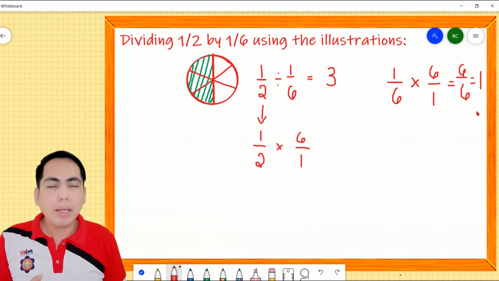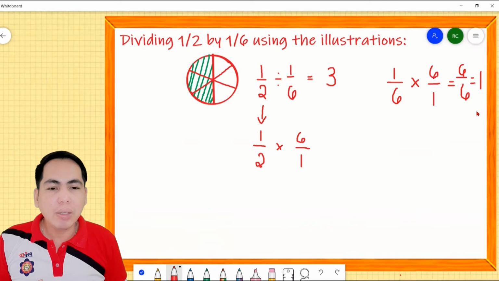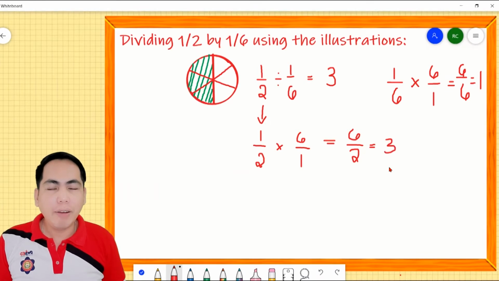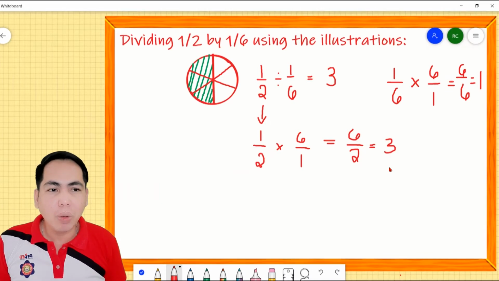Then we just follow the rules in multiplying fractions. We multiply the numerators: 1 times 6 will give us 6, and 2 times 1 will give us 2. That is equivalent to 3. That's why 1/2 divided by 1/6 is equal to 3.